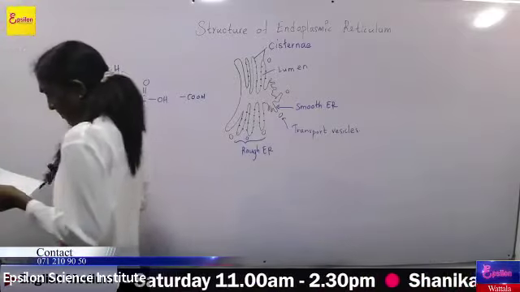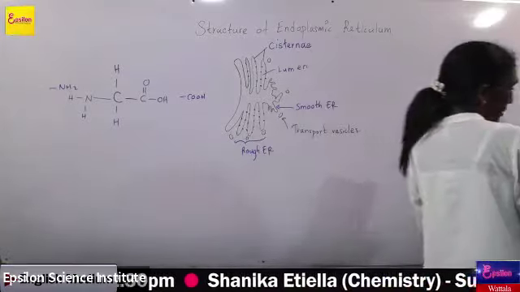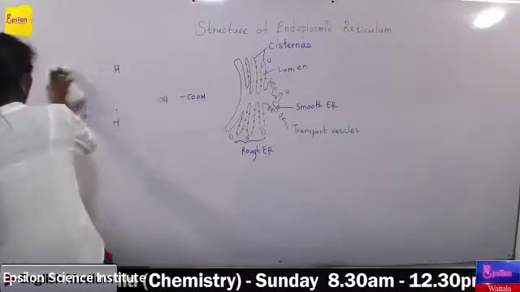Right? Draw and show how a peptide bond is formed between 2 amino acids. I'm going to draw it and show you. Previous one, 2 marks for the structure of glycine.